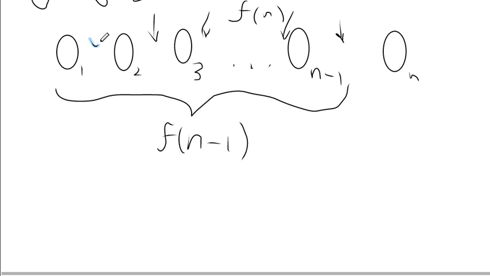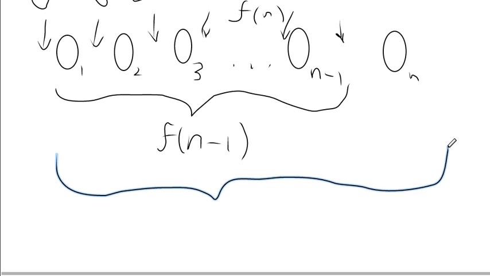Turns out there's n places or spaces in between all these objects to put this nth object. So we get n cases of f of n minus 1. So that turns out to be n times f of n minus 1 ways to arrange this set.